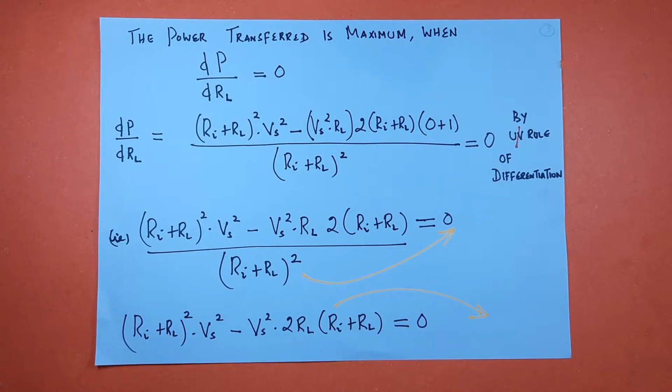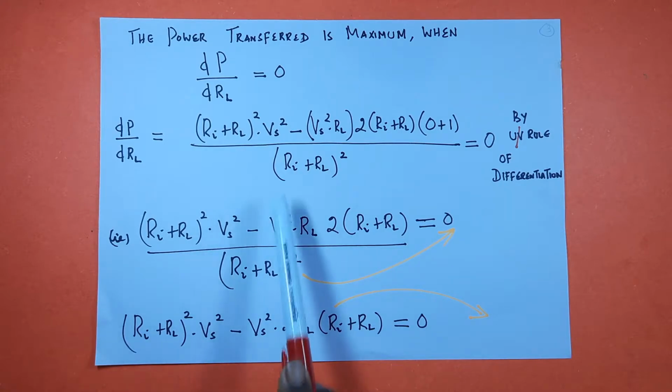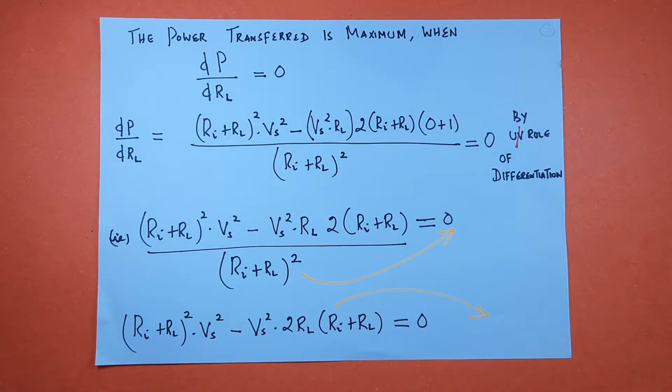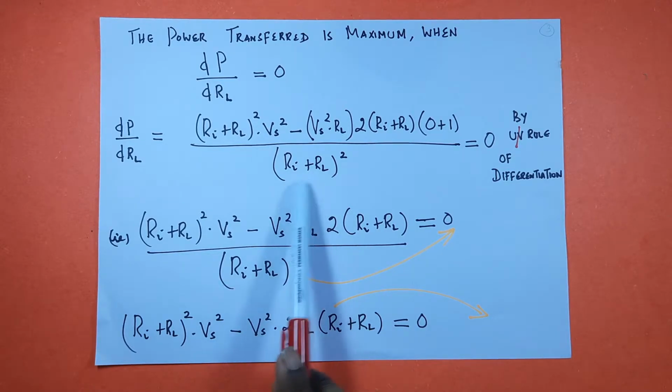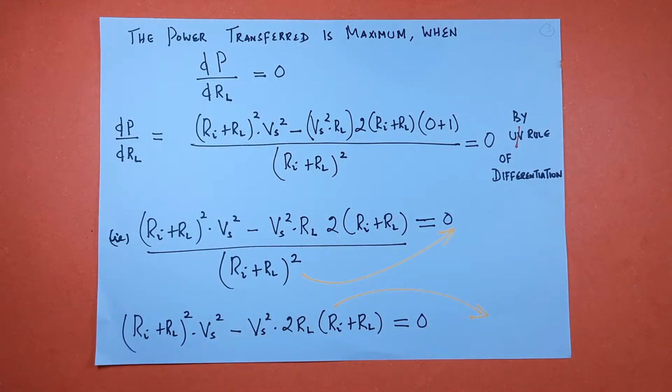Here Vs square into RL is U, and V is the denominator, Ri plus RL the whole square. By the U by V rule of differentiation, we keep the denominator as it is, Ri plus RL the whole square. The numerator, Vs square into RL, the U term, you differentiate with respect to RL.